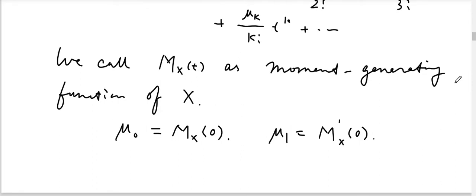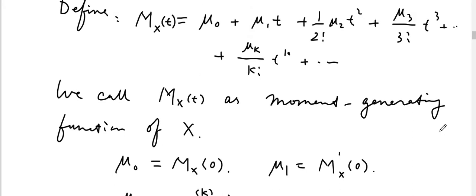So in general, mu k is just the k-th derivative, then we let t equal 0. So from this function we can generate all the moments of x. Such a function is a moment generating function.